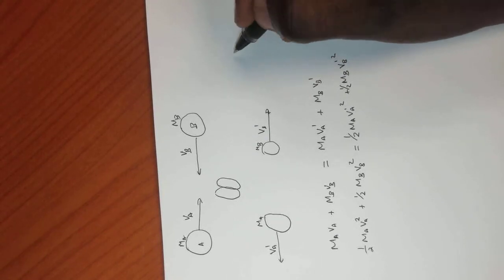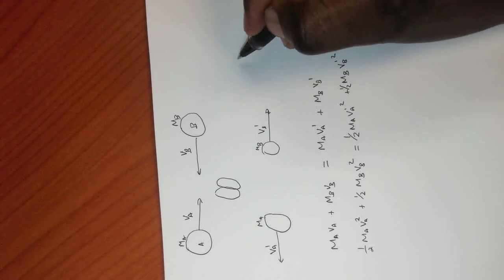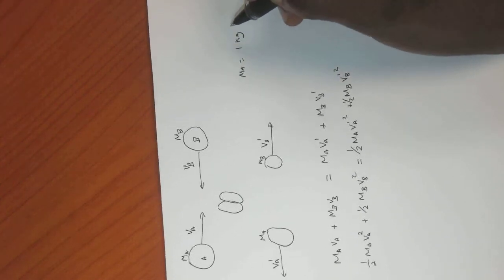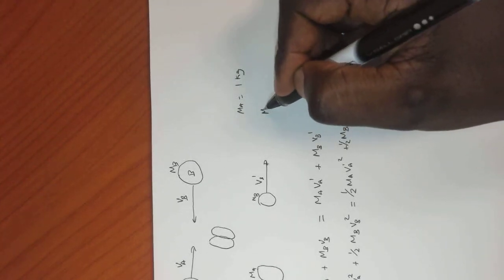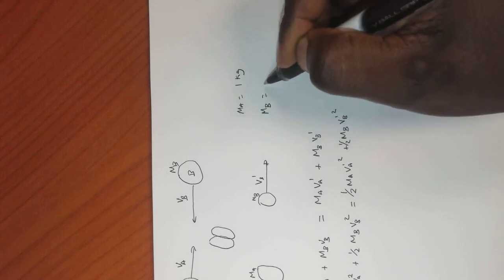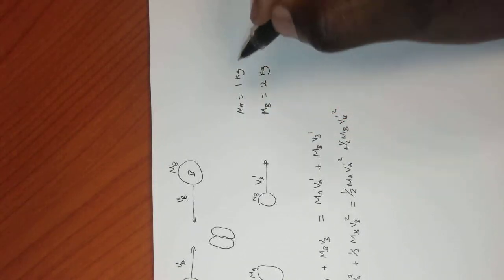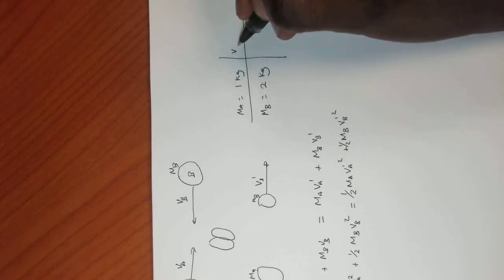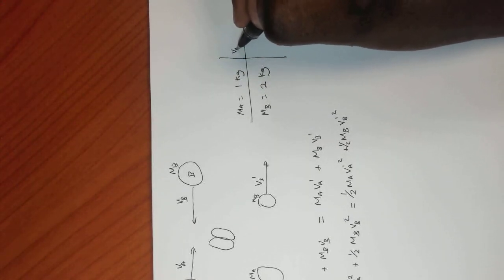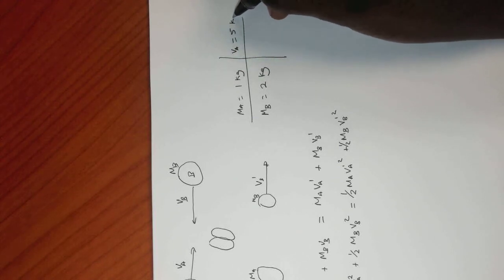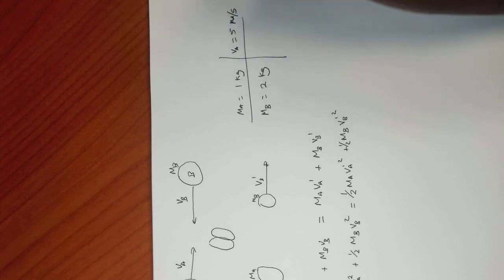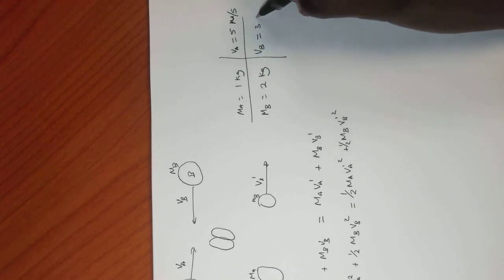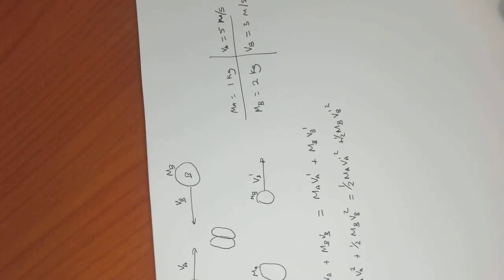Let's say MA is equal to 1 kilogram, MB is 2 kg, and the velocity, let's give VA 5 meters per second, we misspoke earlier, and VB is equal to 3 meters per second.